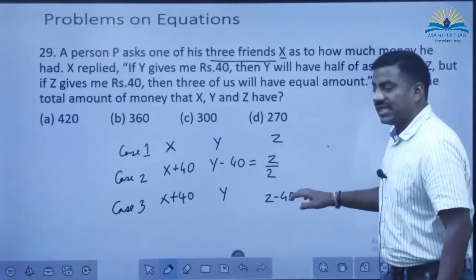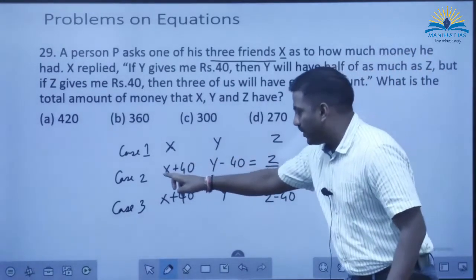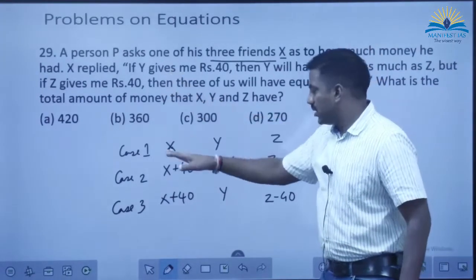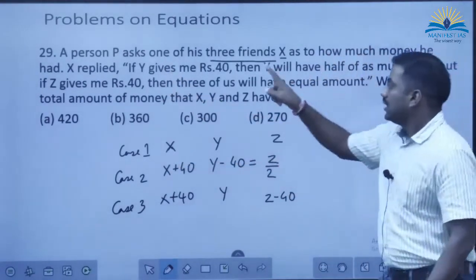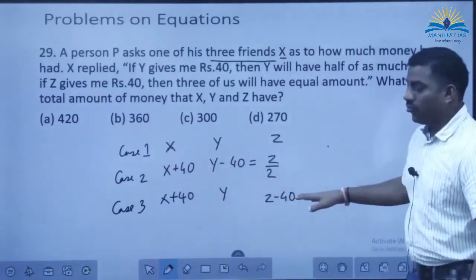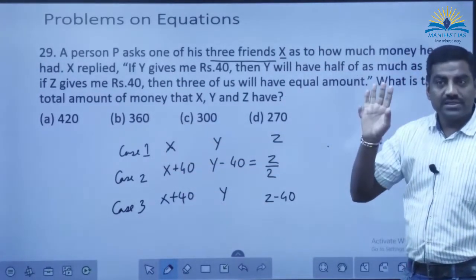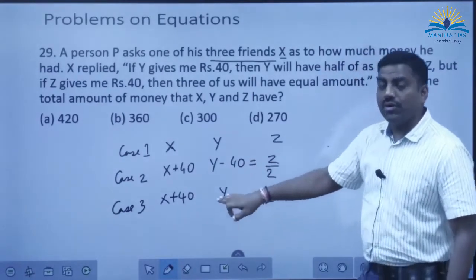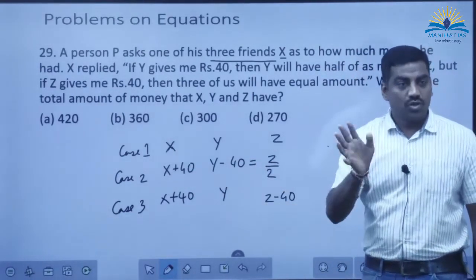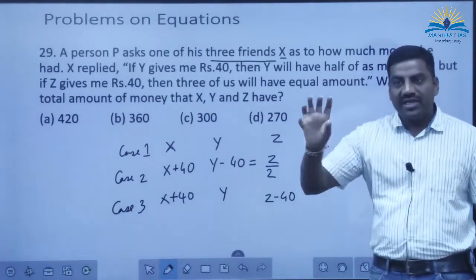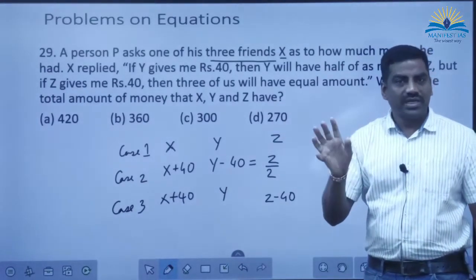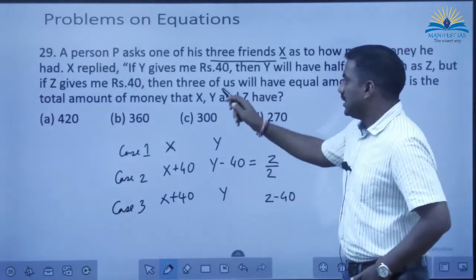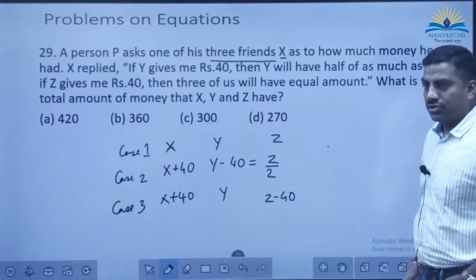Always when you are doing the transaction for this, you should not take it into your mind, otherwise what we will think, this is the final amount they have. From this again we try to construct another case. No. For one if, one case. Done. Now what they are telling, after this, 3 of us will have equal amounts.